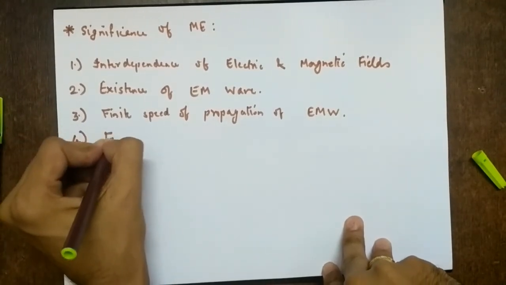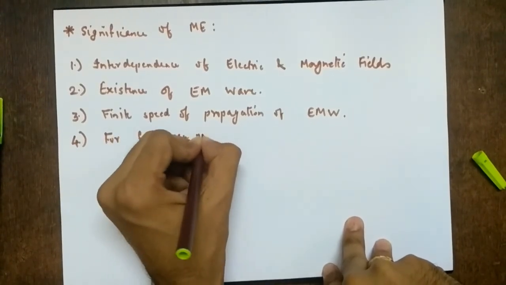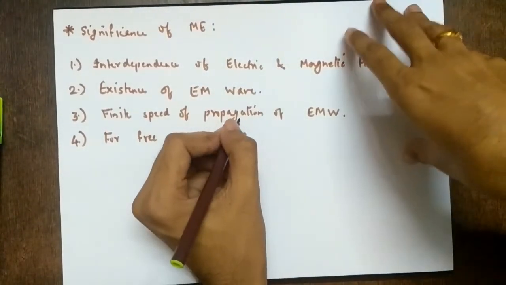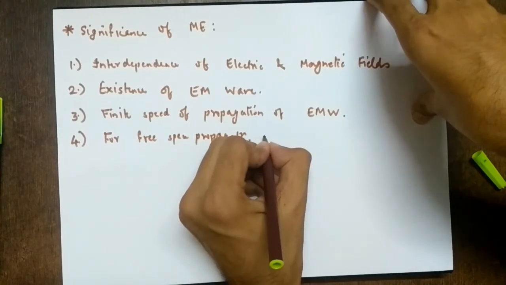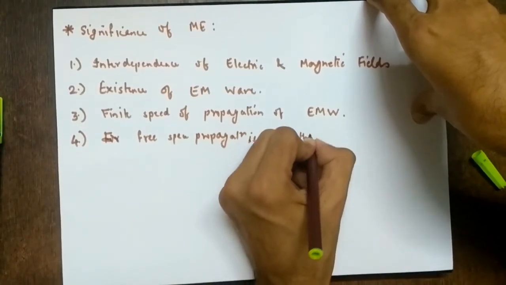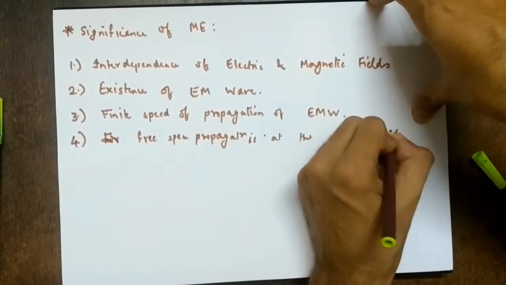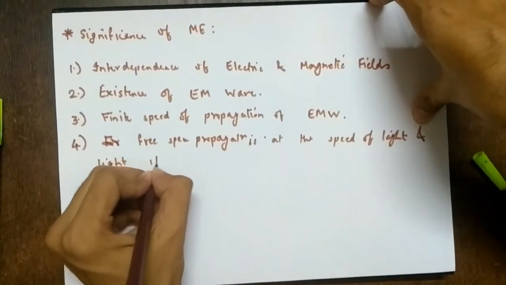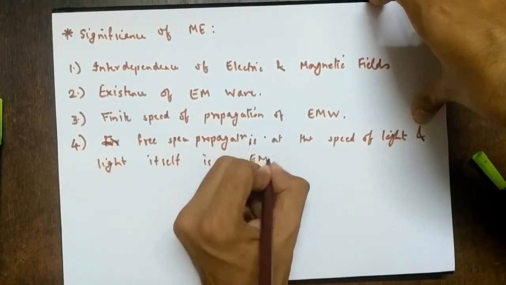And finally we see that free space propagation is at the speed of light, and light itself is an electromagnetic wave.